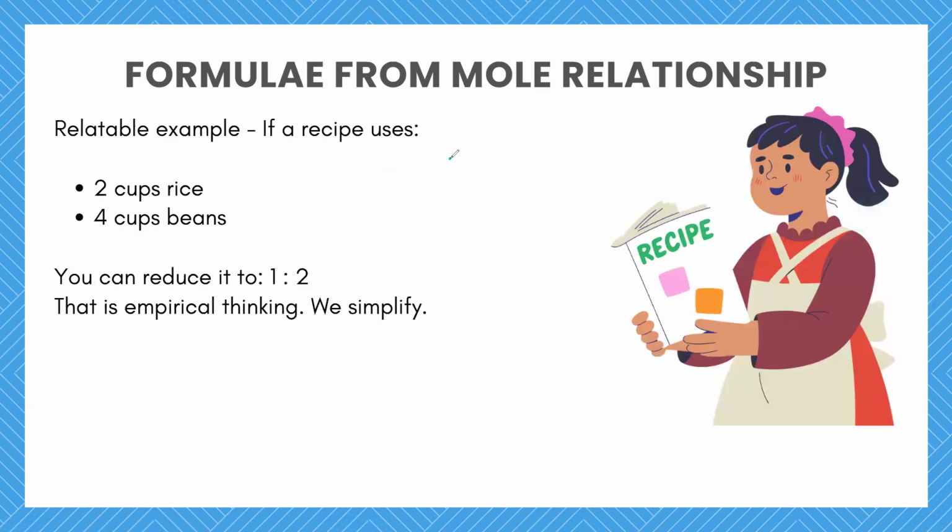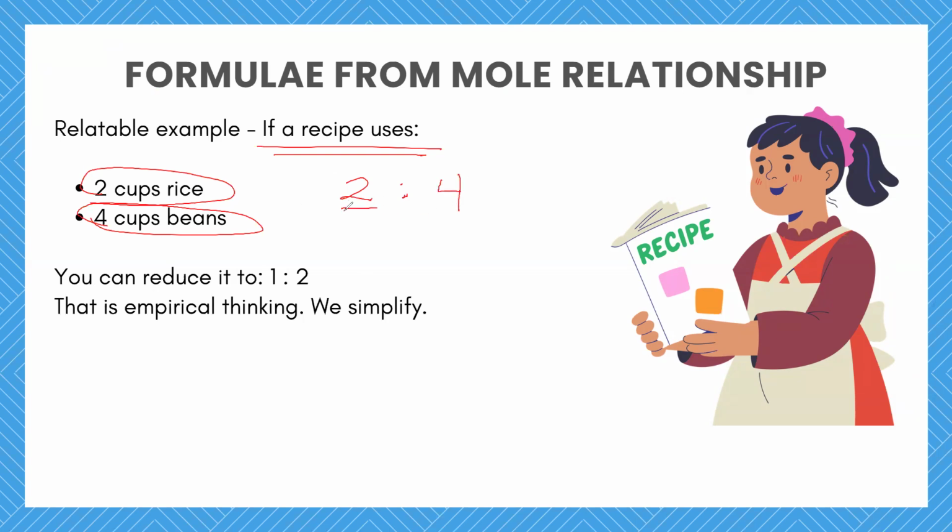Well, let me explain. For those of you who cook that are listening to this video, here is something that you can relate to. If a recipe uses, for example, 2 cups of rice and 4 cups of beans, and you're asked, what is the ratio of the amount of rice that is used compared to the amount of beans that was used? We know that we have 2 cups of rice ratio 4 cups of beans.